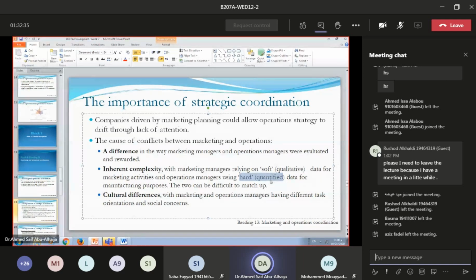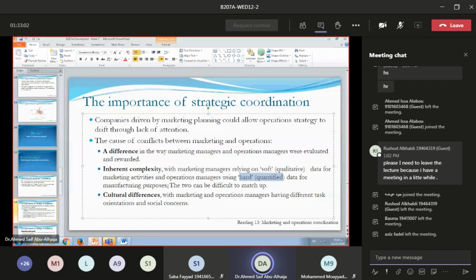Numbers. But marketing is not all about numbers. Sometimes it's about qualitative information about the activities that you do to enhance the reputation of the company, the brand recognition. So that's why there is also a difference between marketing and operation.